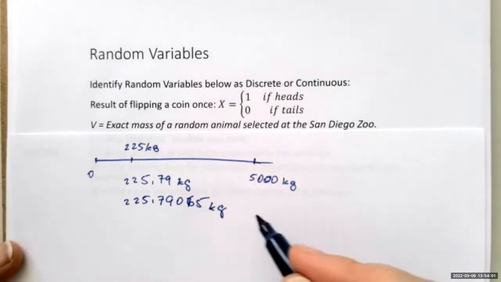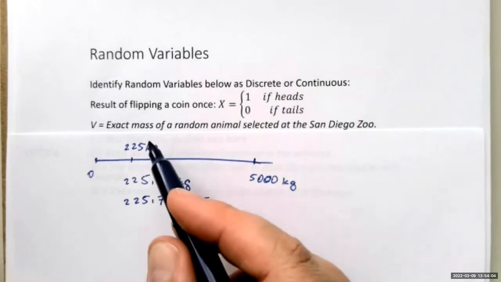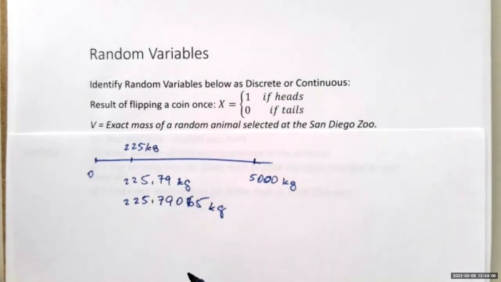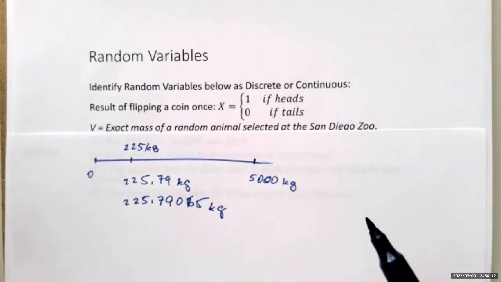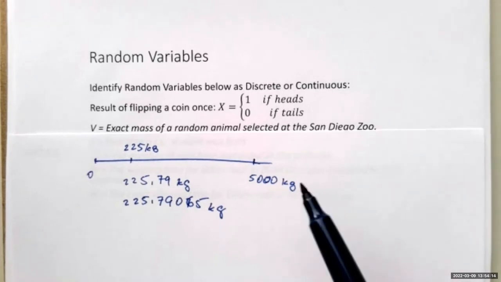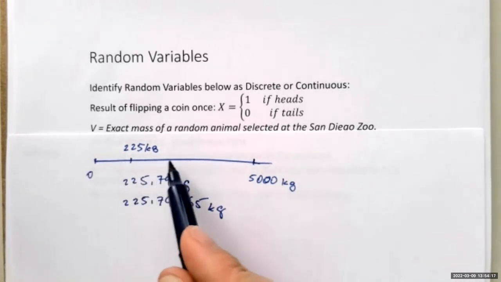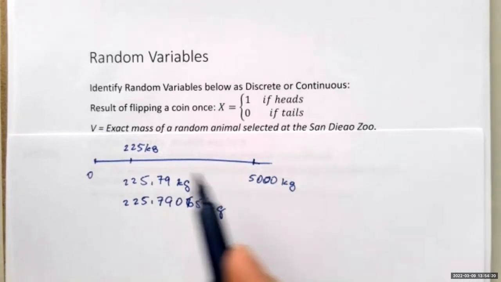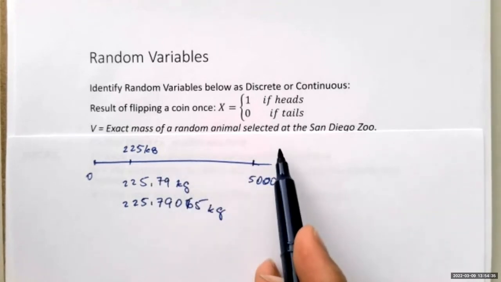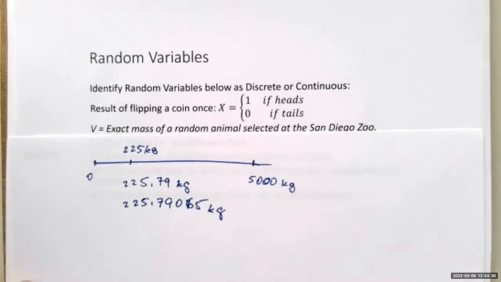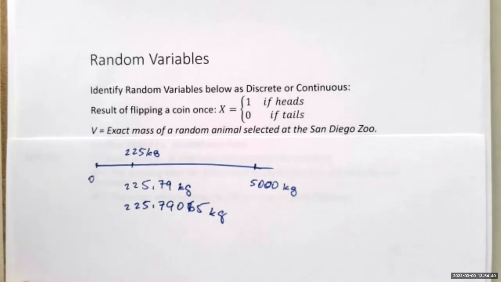We could continue improving our accuracy, and there are infinitely many values that we can come up with, depending on how accurate our scale is. Same for any other animal in the San Diego Zoo: there is an infinite number of possible values, and it's impossible to list all of them. Therefore, we're going to conclude that this variable is a continuous variable. It's not a discrete variable.